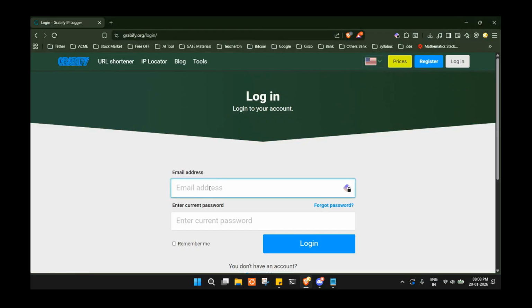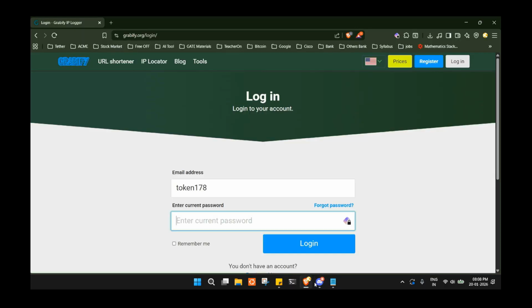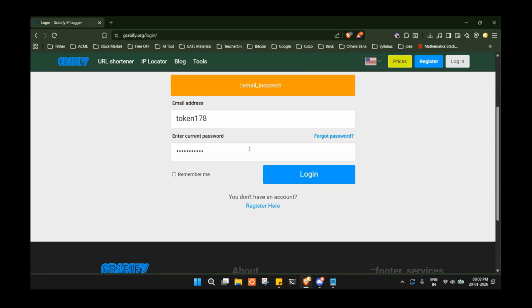Okay, let me see if it is working. Yes, okay, so it's fine. Hope the password is correct. Oh my, okay, it is asking for the email address.